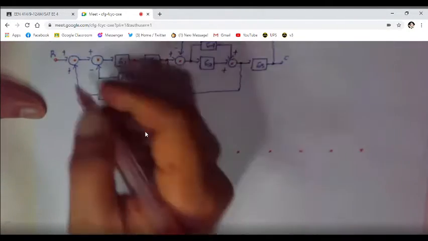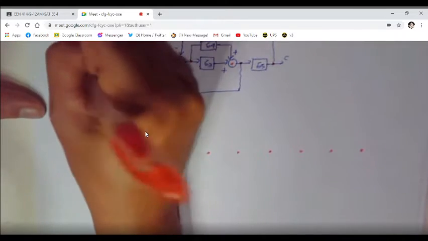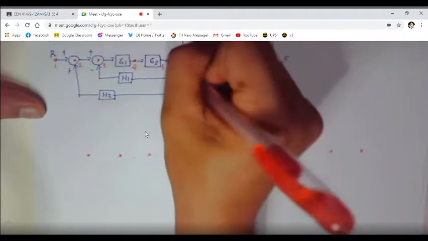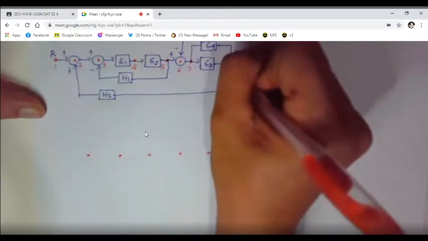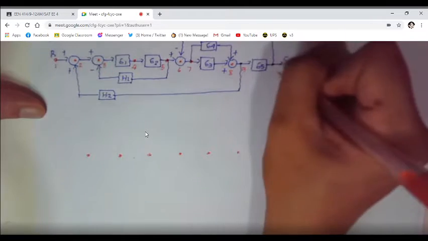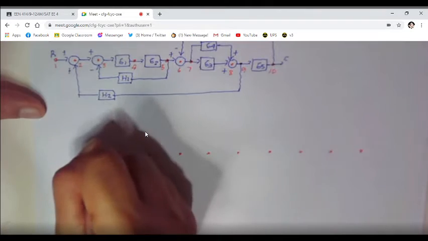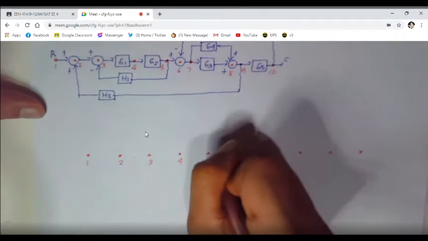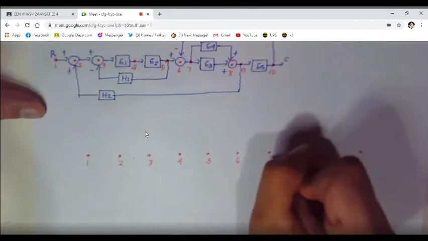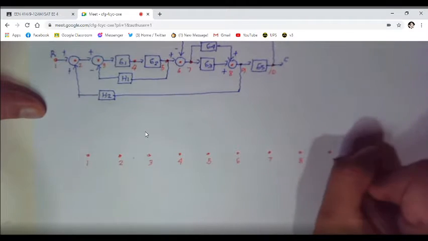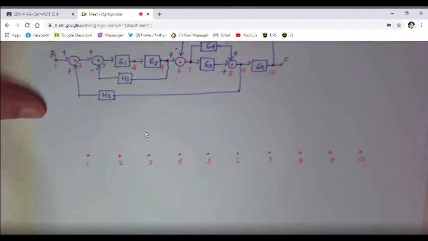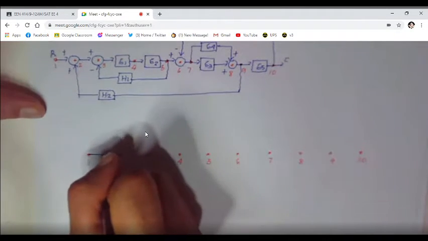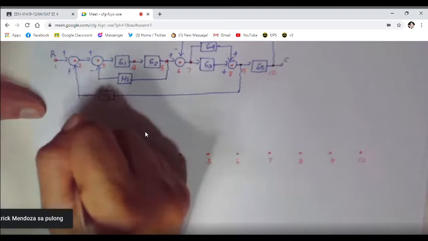Lagyan natin ng numero para hindi tayo malito: 1, 2, 3, 4, 5, 6, 7, 8, 9, and 10. Okay? So, ready na tayo. Between 1 and 2, wala nakalagay, so 1.